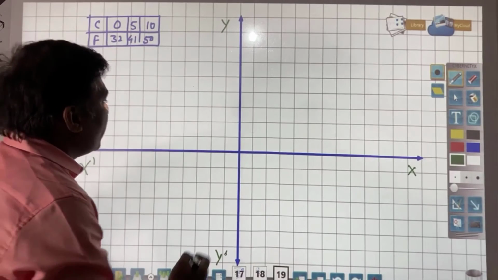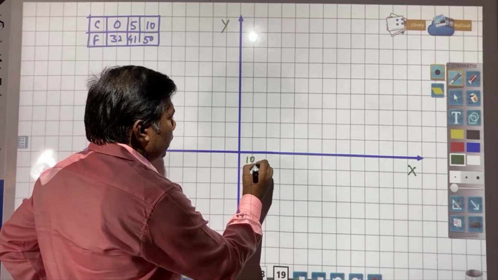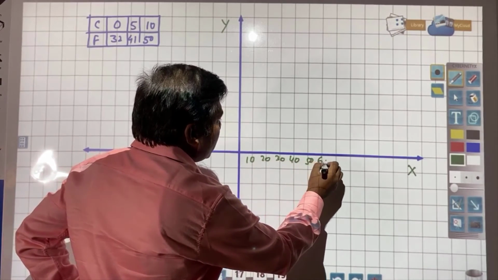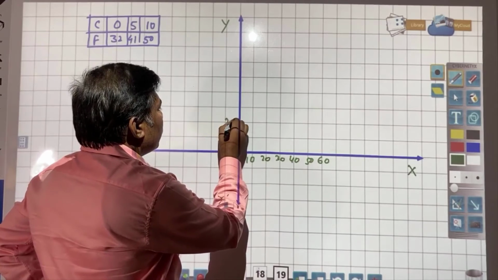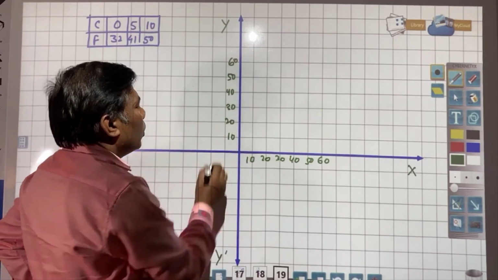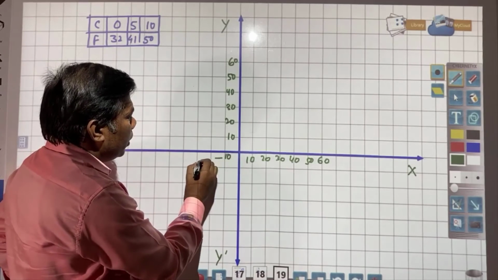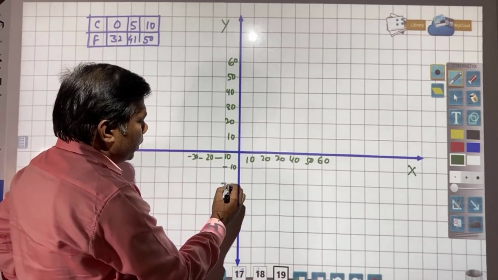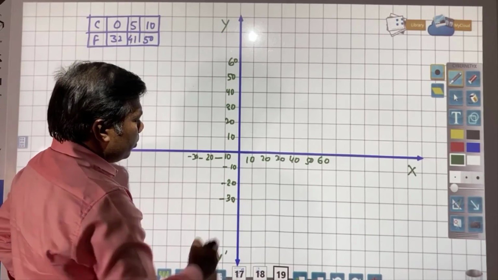So suppose we will assume this is 10, 20, 30, 40, 50, 60 and so on. This is minus 10, minus 20, minus 30.